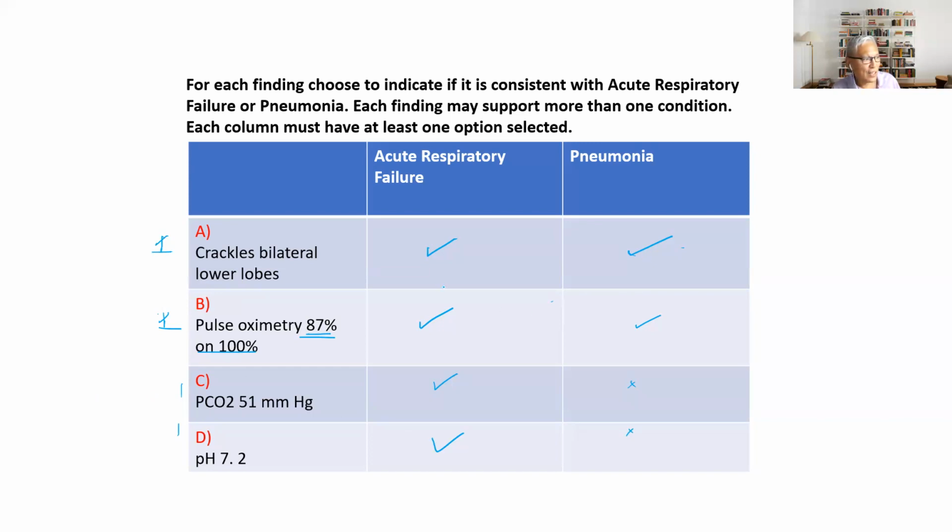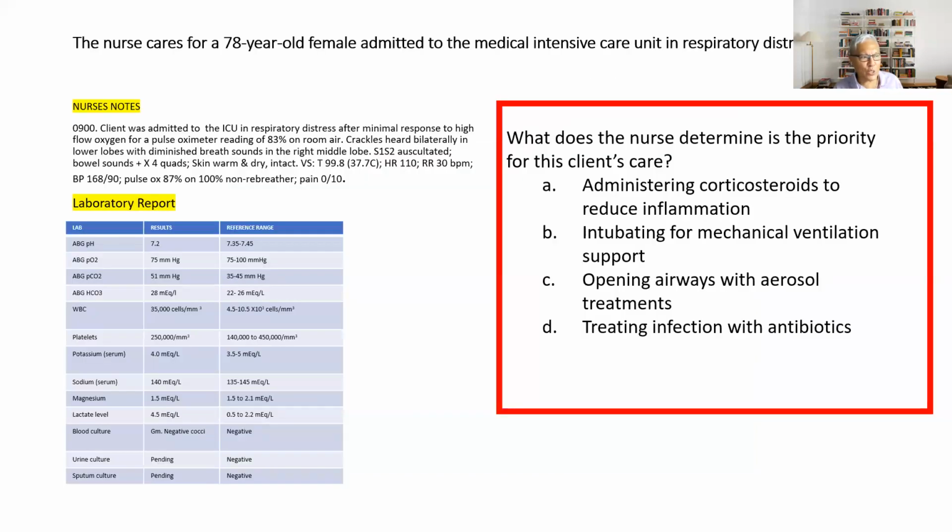Or in the case of letter A, you only check acute respiratory failure, but not in pneumonia, you will not get a point. Sorry. Okay. All right, so let's take a look at the next question.